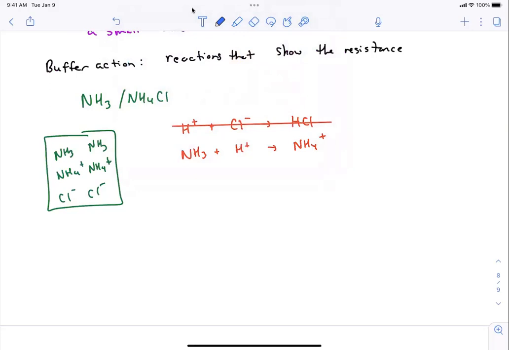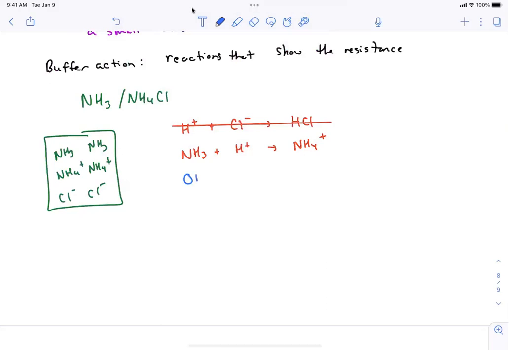So even if you made HCl, what's it going to do immediately? Because it's a strong acid, it breaks apart anyways. So that's not buffering. You need something that's weak, because it has to bond with it, but not let all of it break apart again.